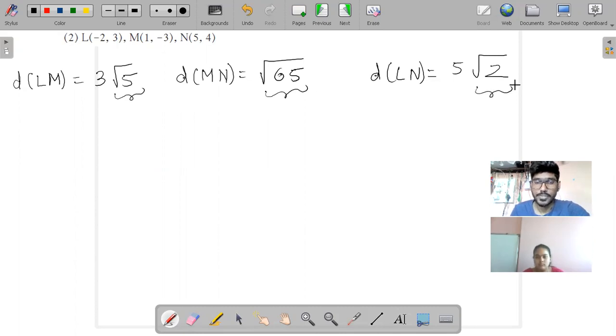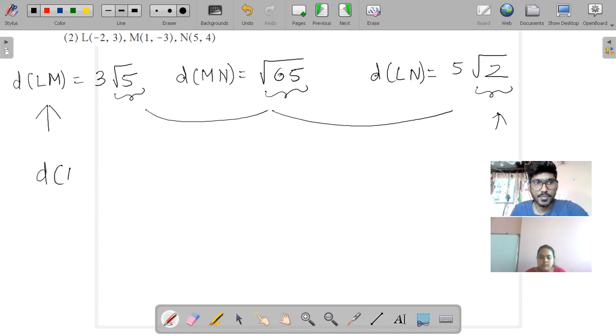Whenever inside the root there are different numbers, you can say that they will not be collinear. Or else, add the 2 smaller distances. Which are the 2 smaller distances? 3 root 5 and 5 root 2. Correct. These are the 2 smaller ones.